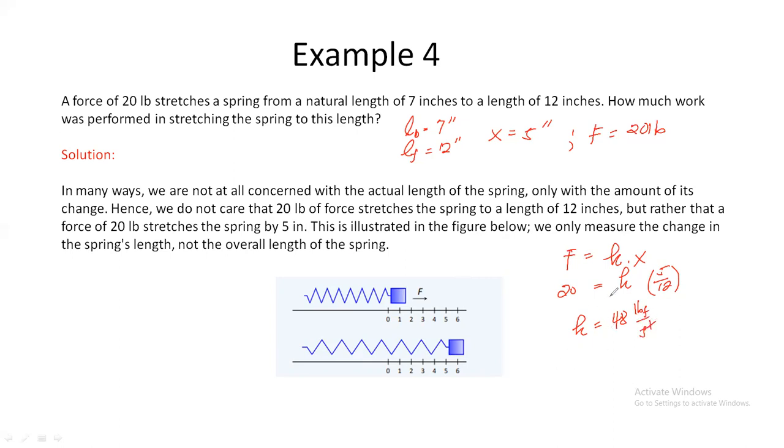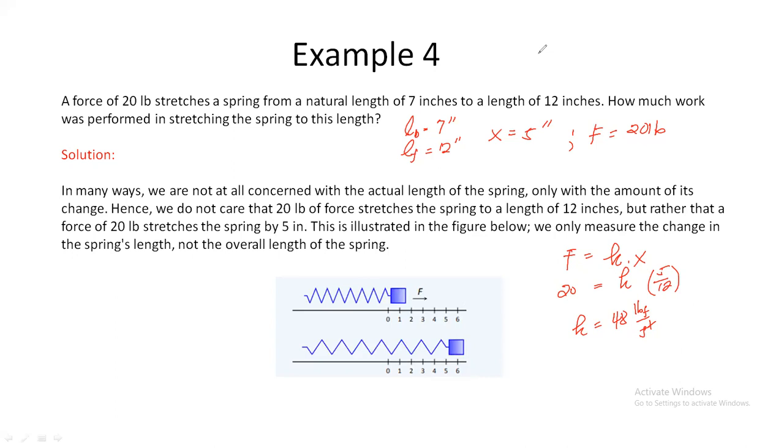So this is, shall we say, your Hooke's law constant. This is illustrated by the figure below. So this is the force and this is the corresponding elongation. Now, let's continue. So this is your Hooke's law constant, 48 pound force per foot. Take note of that.